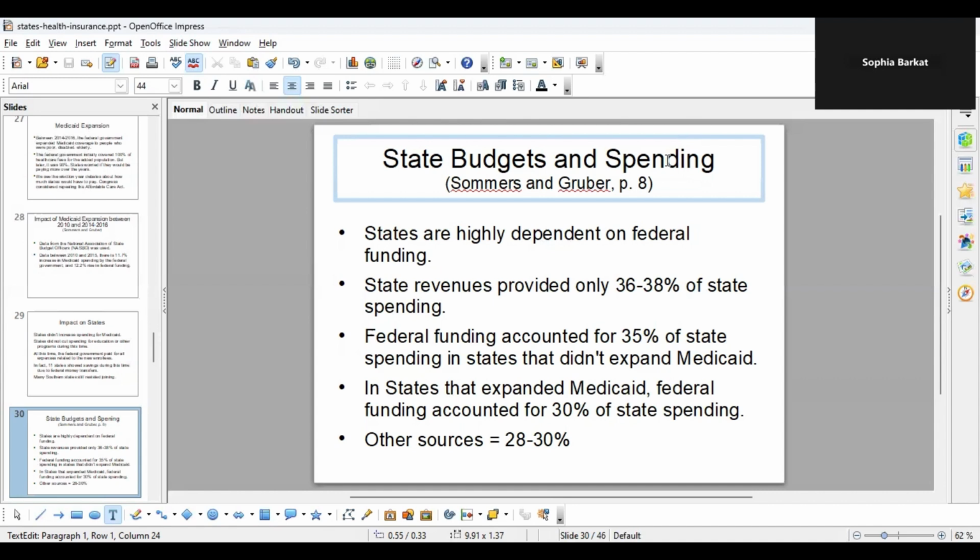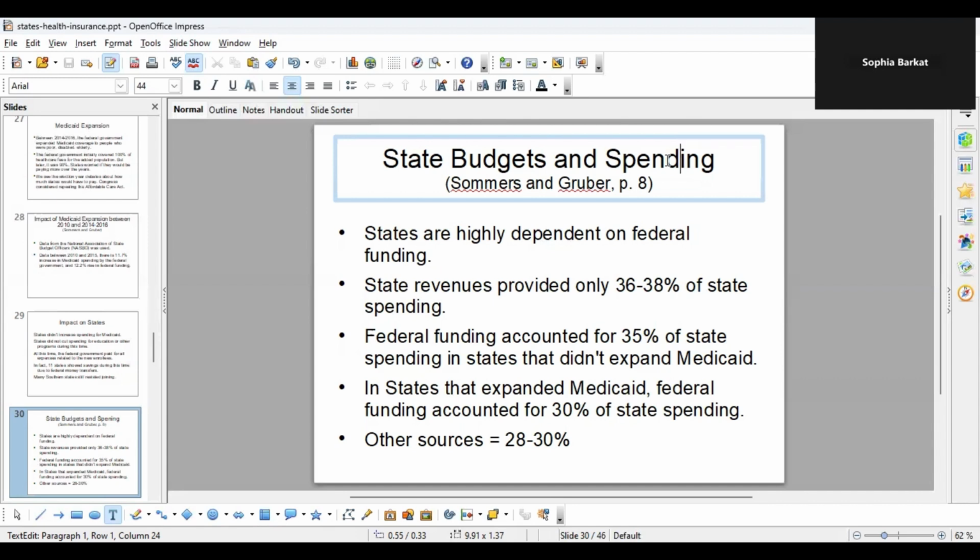Federal funding accounted for 35% of state spending in states that did not expand Medicaid. So these are states that didn't expand Medicaid. In states that expanded Medicaid, federal funding accounted for 30% of state spending. Other sources accounted for about 28 to 30%.